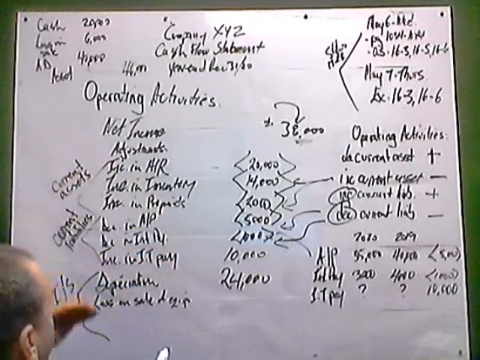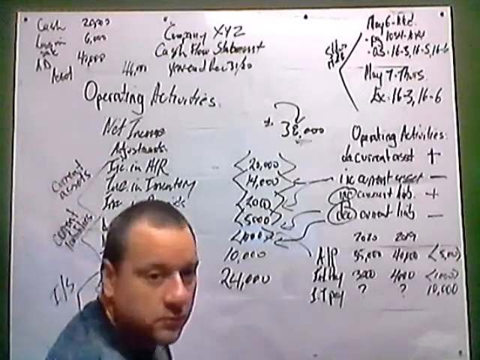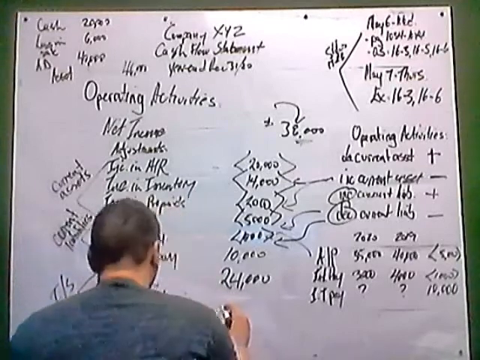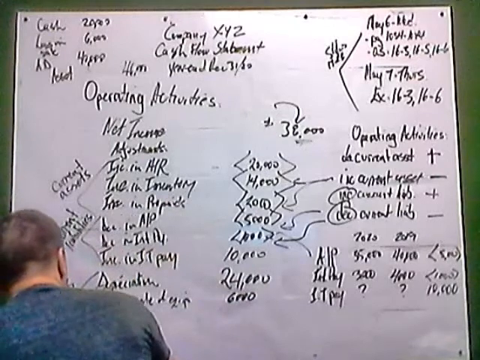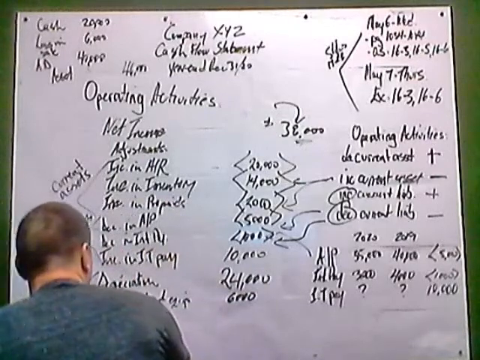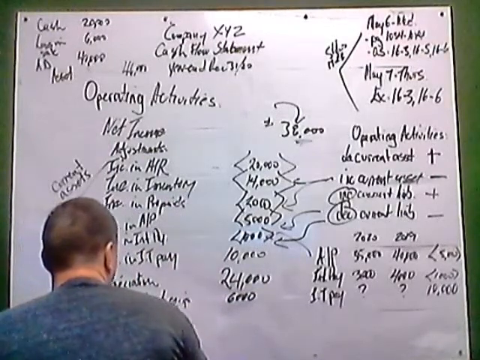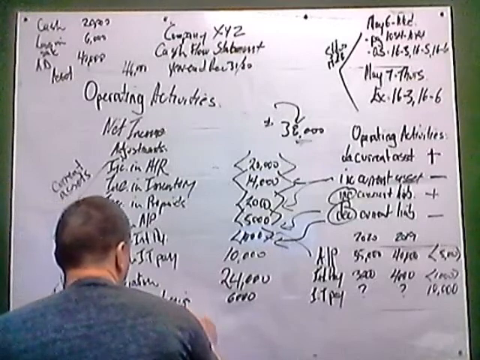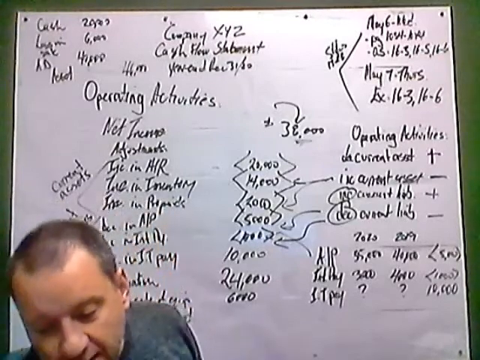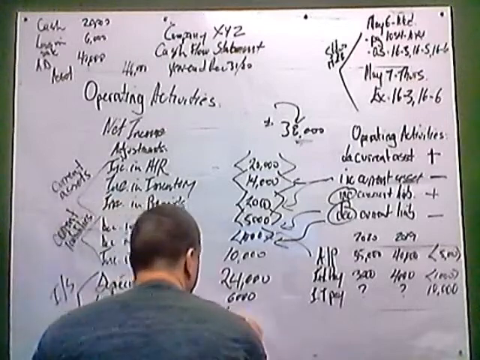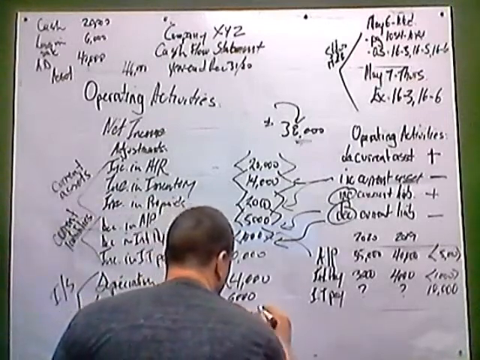Okay? So what we need to do is back out the gain. So gain on sale of bond. Again, page 1039, and that'll be 16,000 minus 16,000. We want to back out the gain.